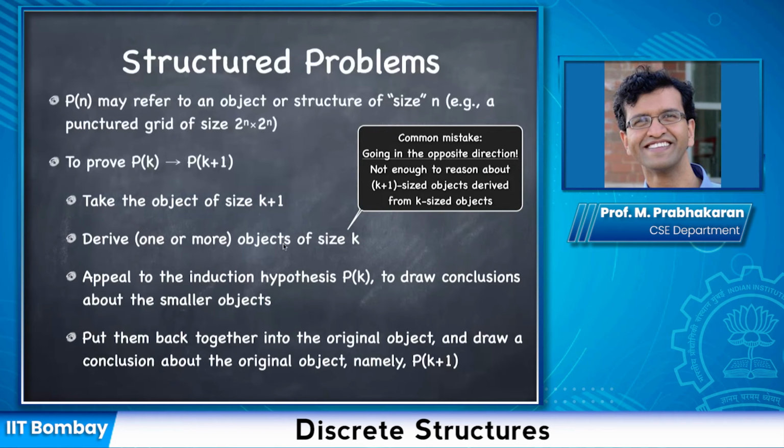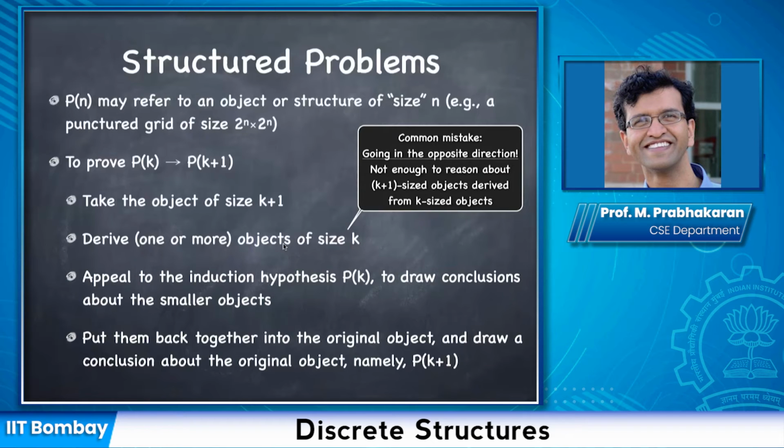You say, okay, let me take some objects of size k, so let me take some 4 punctured grids, and put them together into a larger punctured grid. But what's the problem with this argument? It's only talking about objects of size k plus 1 that can be derived by putting together objects of size k.